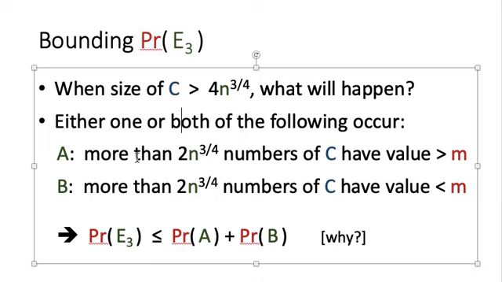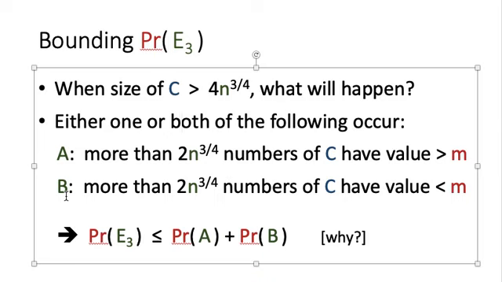Either more than 2n to the power 3/4 numbers of C will have value greater than m, or more than 2n to the power 3/4 numbers of C will have value less than m. So when E3 occurs, A or B or both must occur. So the probability of E3 is smaller than or equal to the probability of A union B.